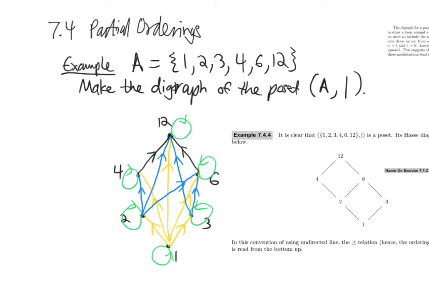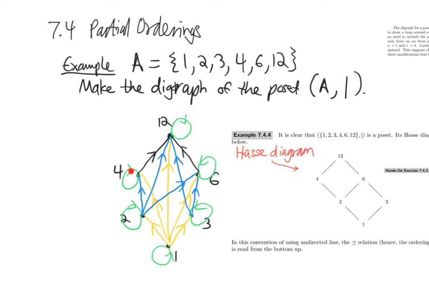And the reason for that is when we make this simplified version of a digraph, which we call a Hasse diagram, what we're doing is we're removing any edges that arise from transitivity. We have a poset, so we already know that this relation is transitive, which means if we have a two-step path from 2 to 12 and a one-step path from 2 to 12, we don't need the one-step path.